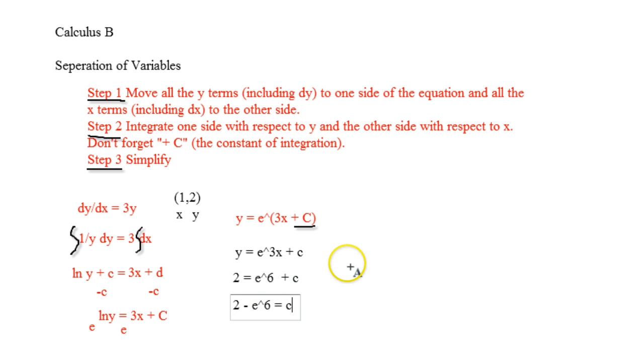Then you could plug that back into the original equation and have y equals e to the 3x plus 2 minus e to the 6. And that would be your actual equation that you started out with.